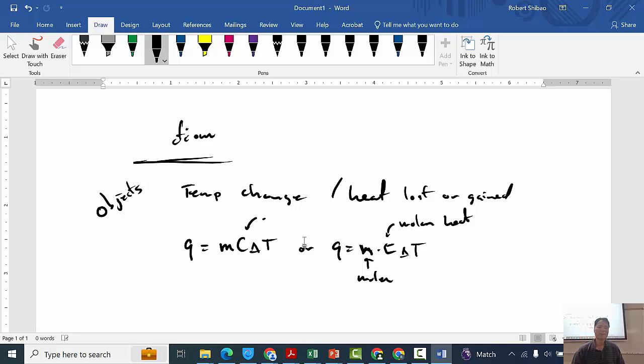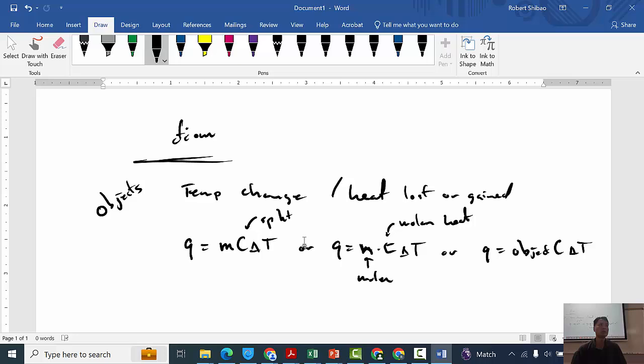This would be the specific heat. Or Q is just equal to the object, whatever object we're looking at, times C times delta T. So it could be a plate. We don't care how many grams the plate is. We just want to know how much heat or what the temperature rise in the plate is going to be. Or it could be a calorimeter, or whatever.